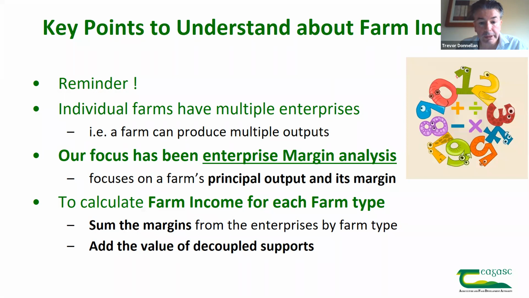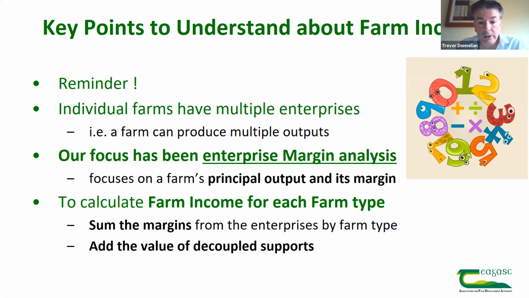So what we need to do is we need to calculate the margins for these enterprises, the principal enterprise and the minor enterprises on these farms, and along with the estimate of decoupled support payments, that gives us the estimate then for the income level of these farms. So that's how we generate our farm income estimates.